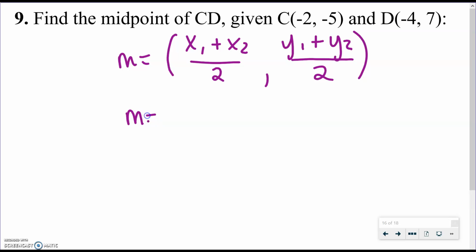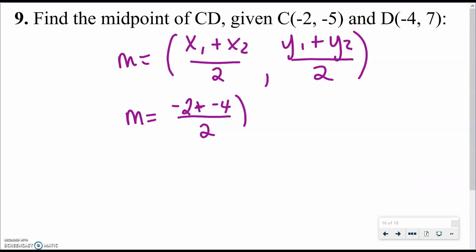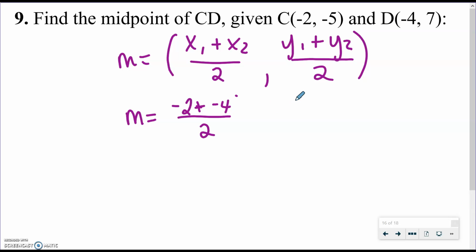Then I'm going to plug in my numbers from my points. So my first x plus my second x, divided by 2. And then I'm also going to do my first y, which is -5, plus 7, divided by 2.